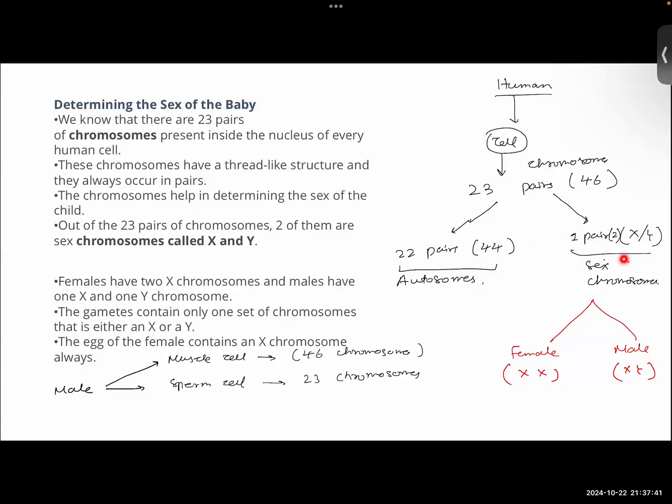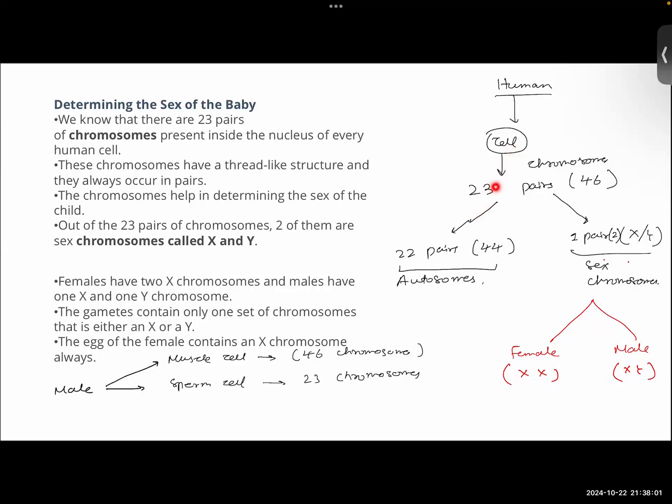While one pair is the X and the Y chromosome. Now one pair, or basically two chromosomes, they are X and Y. In the females, XX chromosomes are found, while in the male, XY chromosomes are found. So in each and every cell of the body, a total of 46 chromosomes, or 23 pairs, will be found.